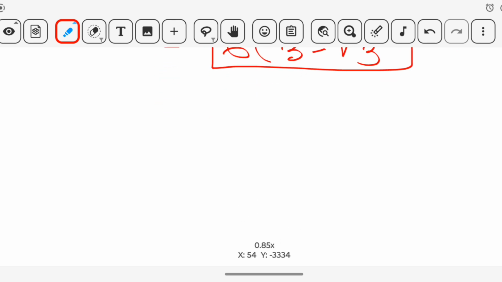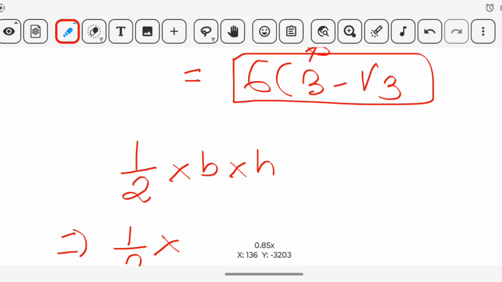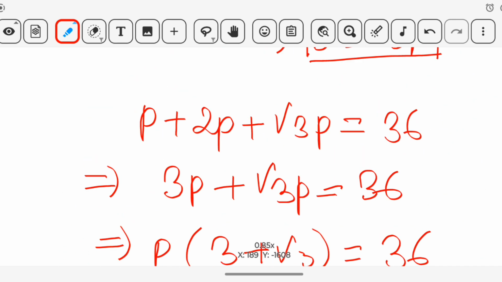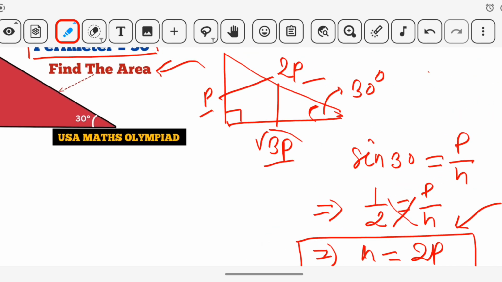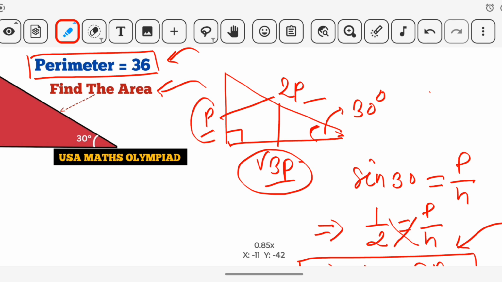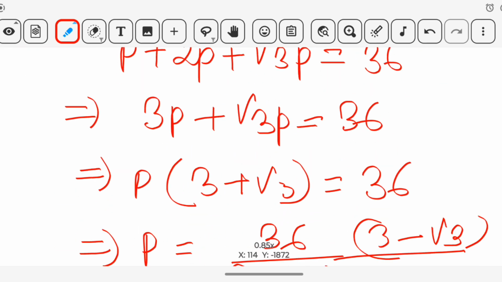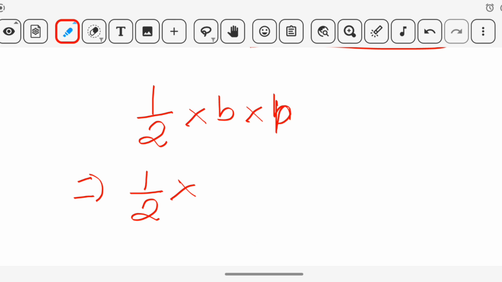Area equals half of base into height. So that means half of base B, for base B we can write root 3P, and for height we can write P. So half base into height, or half base into perpendicular, we can write.